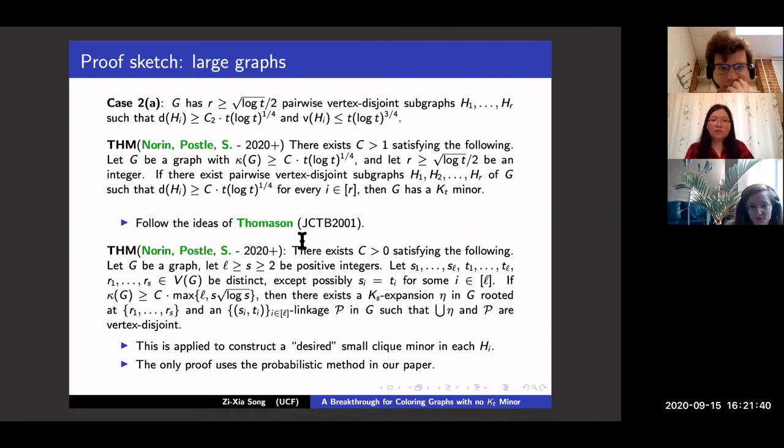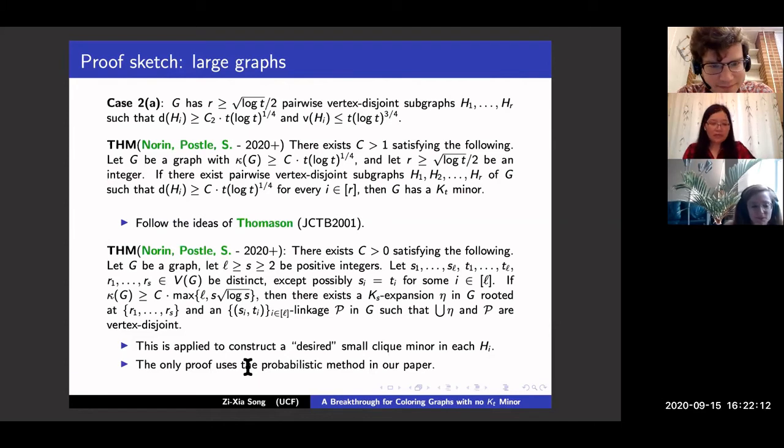As I said, this strategy is applied to construct the desired small clique minor in each Hi. And in our paper, this theorem was the only one which used the probabilistic method. I gave Sergey a big headache as I'm really not good at the probabilistic method, so you don't see much of it in our paper. This is the only place you see the probabilistic method.